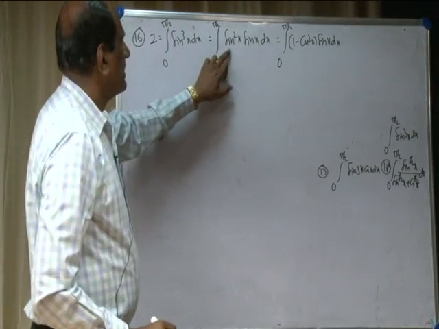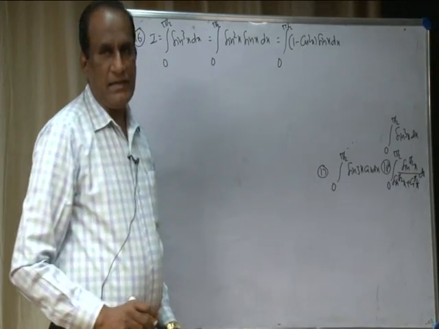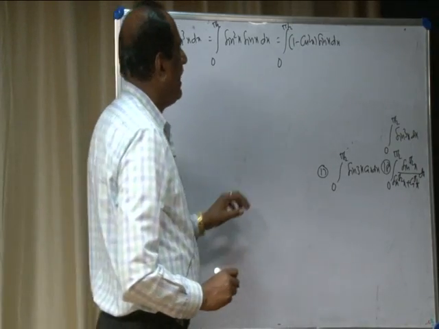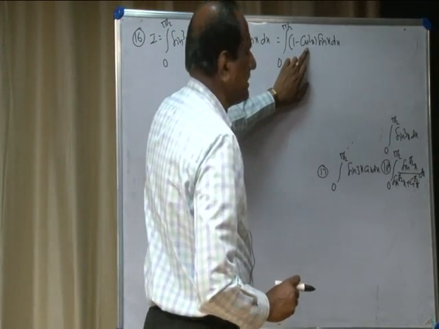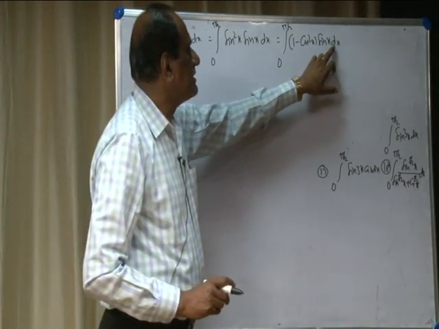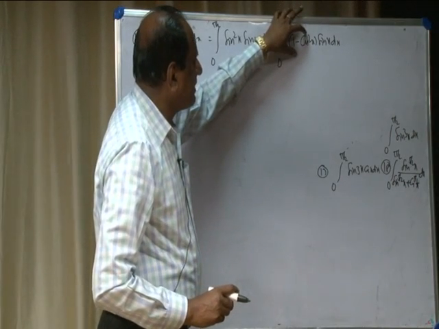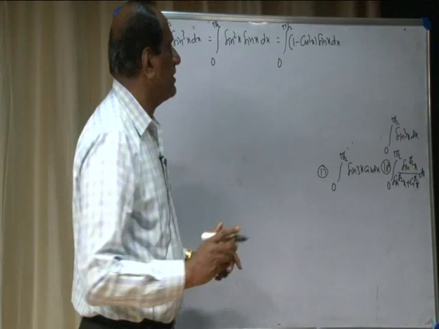So, sin square x can be written as 1 minus cos square x. Now, if you take the substitution for cos x, you will be getting minus sin x.